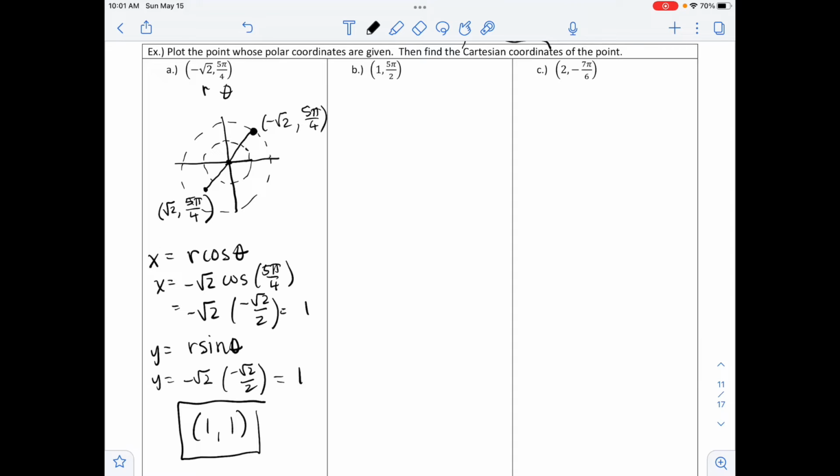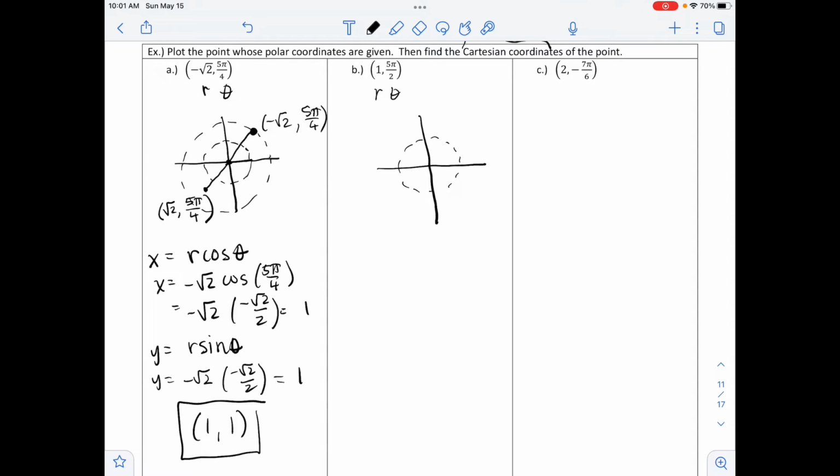So then the next thing that we have is 1 comma 5 pi over 2. And so we have r and theta. And so first sketching it, the radius of the circle is just 1. We are dealing with a positive radius. This time though, our theta is actually going to create a whole entire circle.